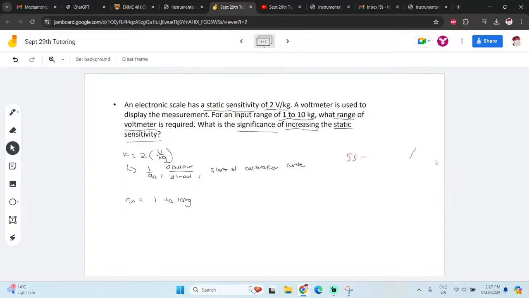The static sensitivity 2 is basically the output voltage divided by kg input. So when the range is from 1 to 10, the voltage output required would be 2 volts to 20 volts, right? Yeah, that's what they are asking, what should be the range of voltage that the voltmeter must be used to measure.